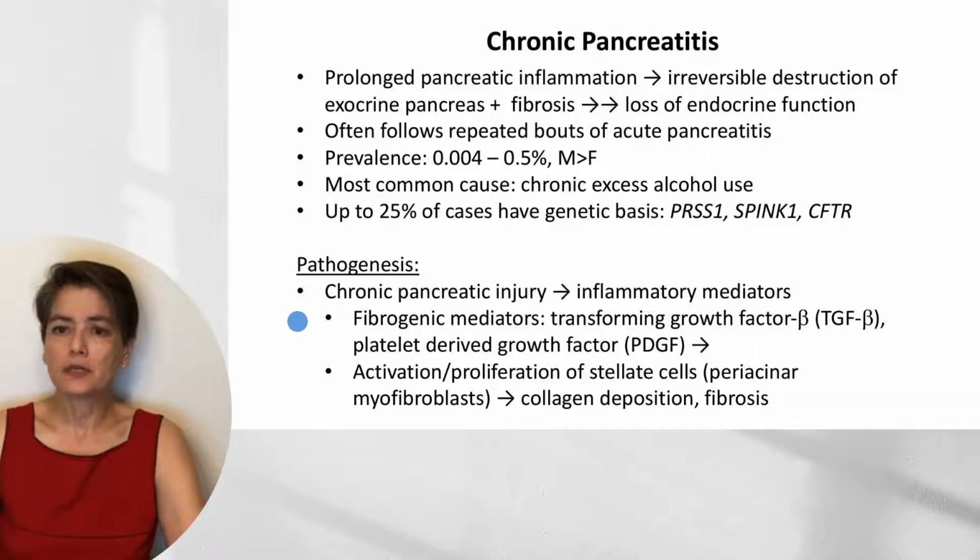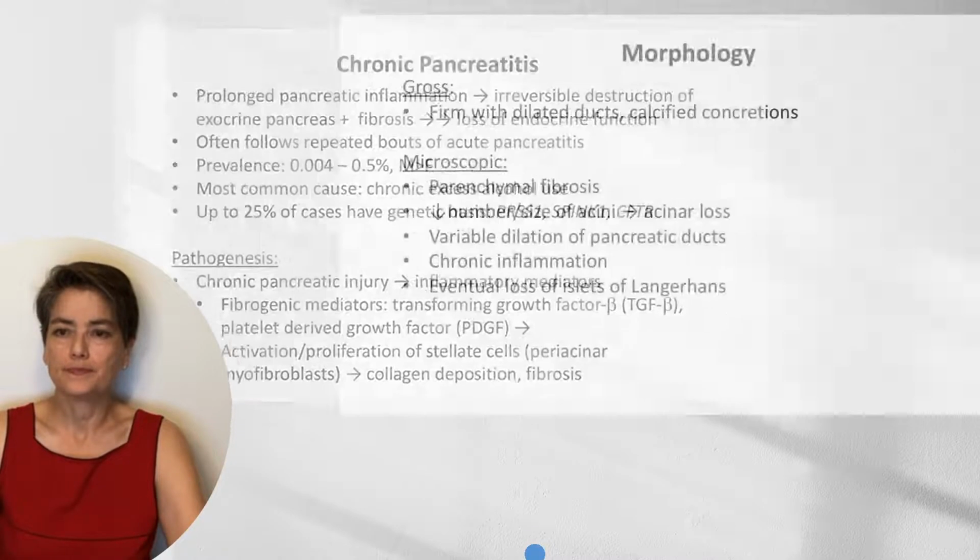So these are going to include transforming growth factor beta and platelet-derived growth factor, and these are going to cause the activation and proliferation of the stellate cells, which are the periacinar myofibroblasts in the pancreas. They are going to begin depositing collagen, leading to fibrosis.